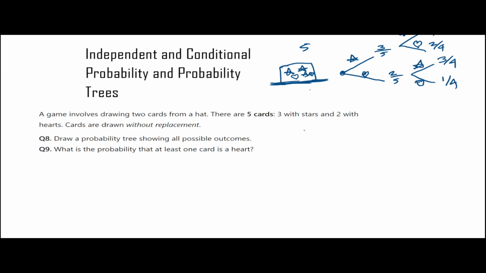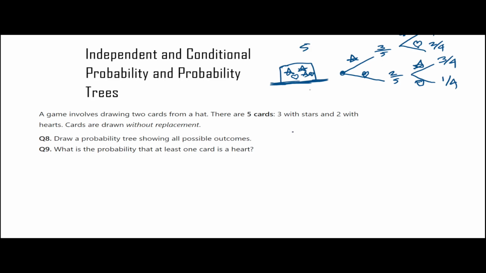So, what is the probability that at least 1 card is a heart? Well, it's going to be everything except that one where you get star, isn't it?